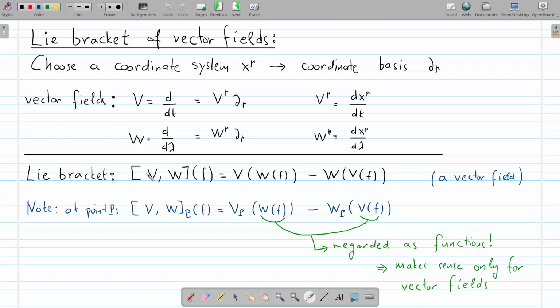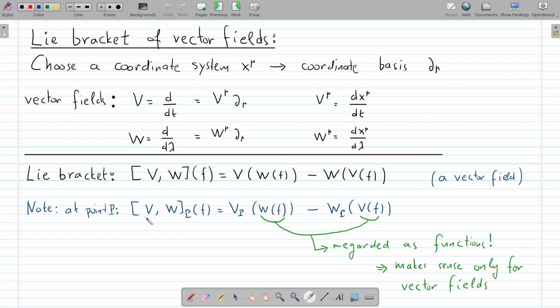In that case, we can define a new vector field which we call the Lie bracket of V with W. And this vector field is defined by its action on any function f on M. So the result of this action is two terms. The first one is obtained by first acting with W on f, and the function that is obtained after this action is acted upon by V. The second term is obtained the same way but the opposite way.